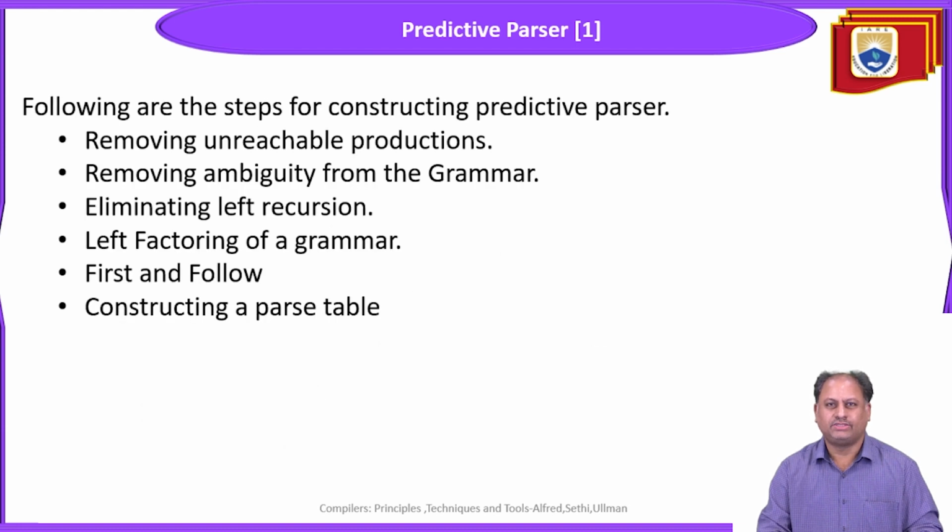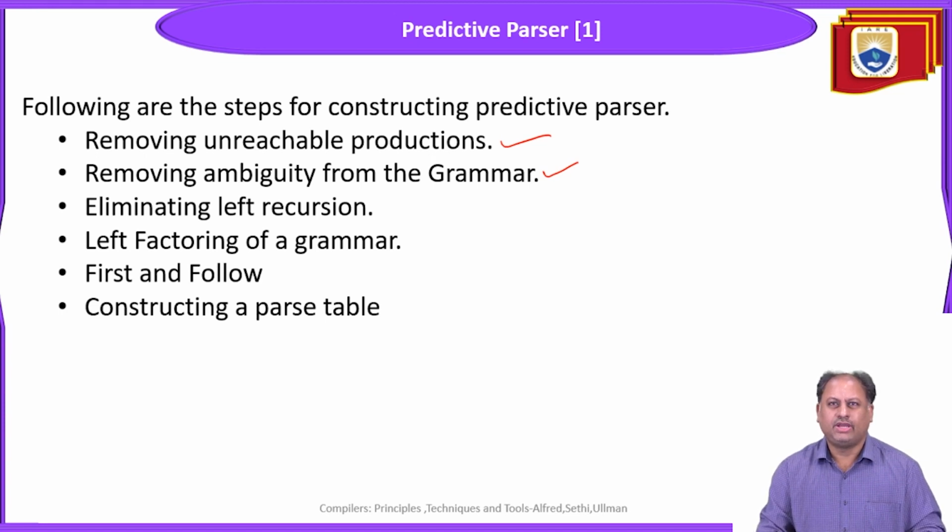First, predictive parsing. In predictive parsing, first and foremost, we have to eliminate the productions which are not reachable. That means any unreachable productions are not to be considered while constructing the predictive parsing table. The second most important one is that ambiguity also has to be verified.